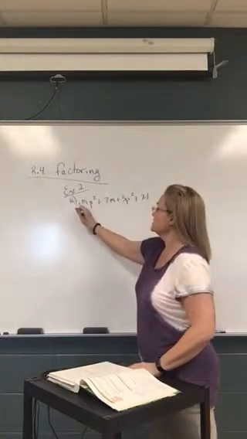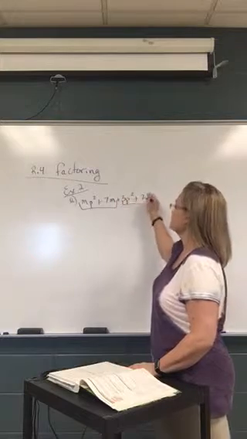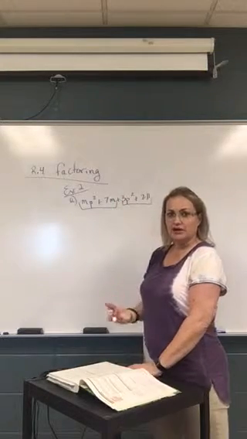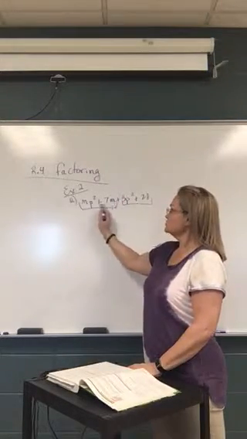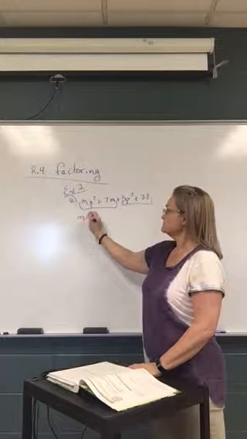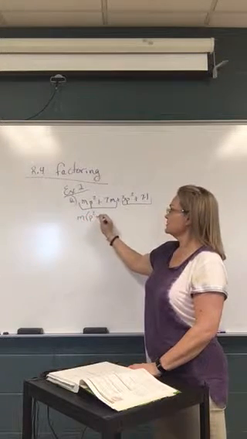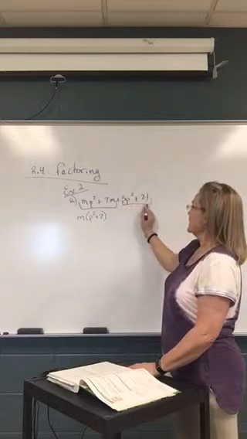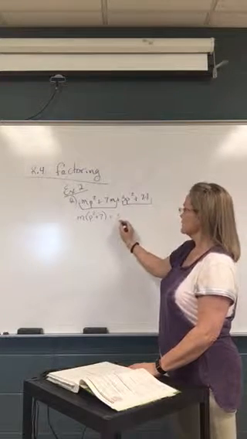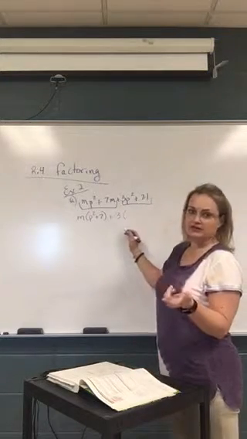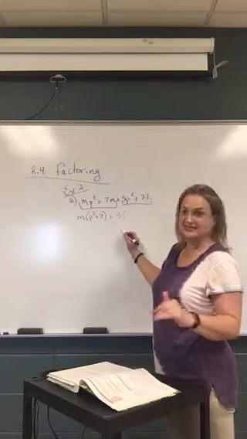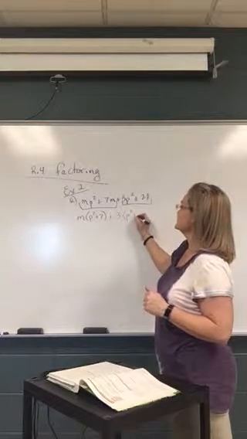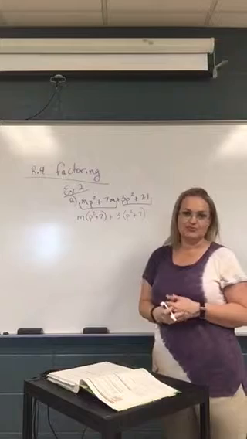But if I grouped it into the first 2 and the last 2, I could factor it by grouping. Out of the first 2, there's a common m, leaving a p squared plus 7. And out of the last 2, I could factor out a 3, which just by chance, not really, they fixed some of these so they'd work like this, gives us exactly the same thing in the parentheses.